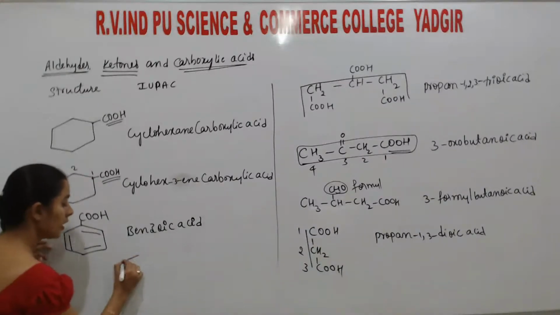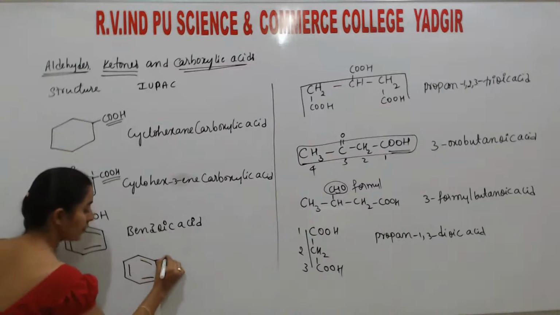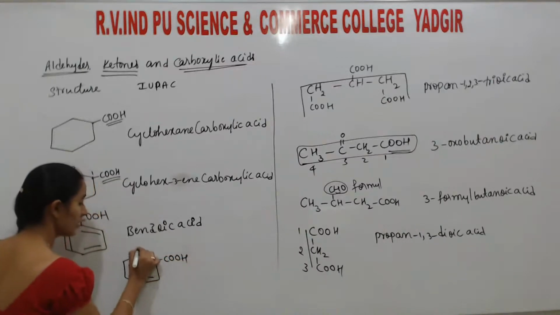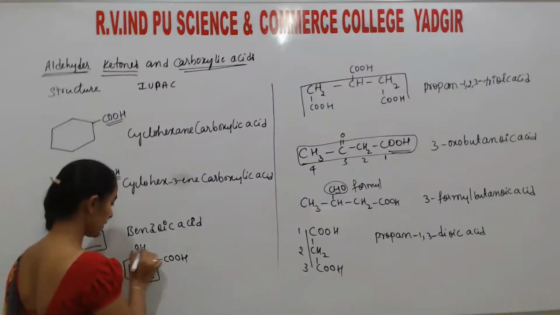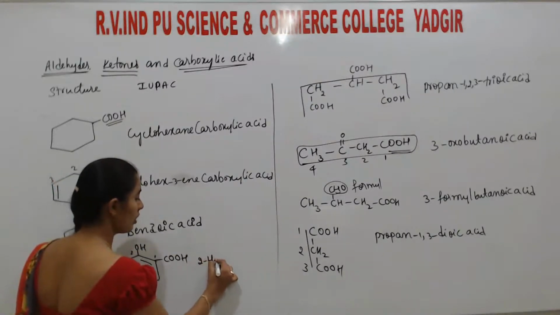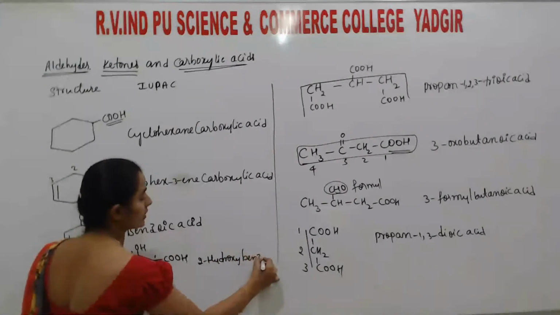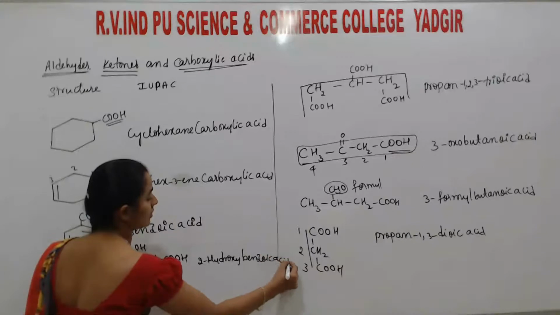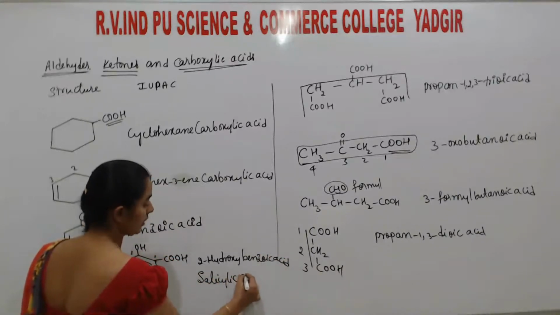Understood? So if any other groups are attached here, for example, here it is COOH, here it is OH. Then this is first and second carbon atom, means 2-hydroxy benzoic acid. This is also called as salicylic acid.